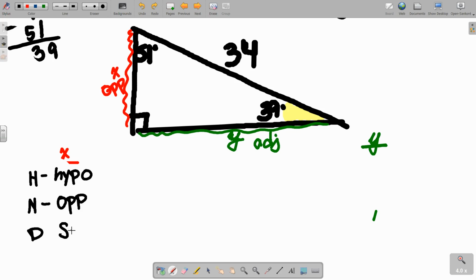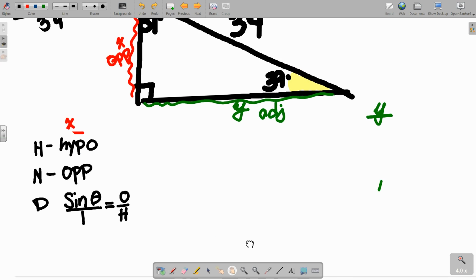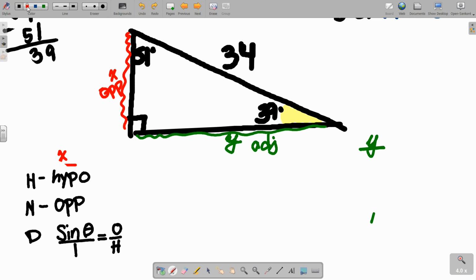So we write our equation out. Sine of theta over 1 equals opposite over hypo. Of course, that's going to be sine of 39 degrees.